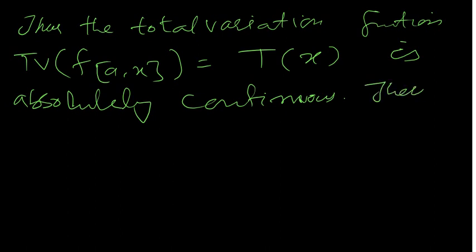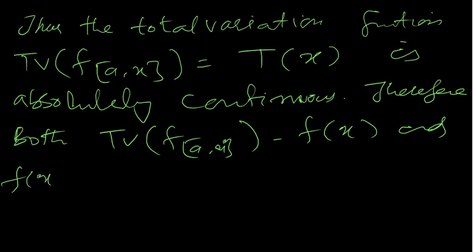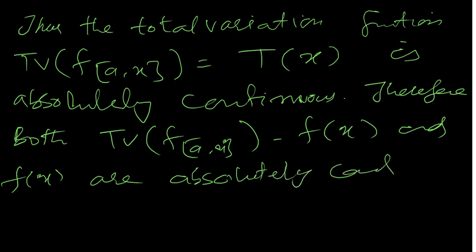So therefore both TV f over a to x minus f of x, and f of x, are absolutely continuous, because f of x is given to be absolutely continuous, and the total variation you have proved is absolutely continuous, therefore the difference is absolutely continuous.